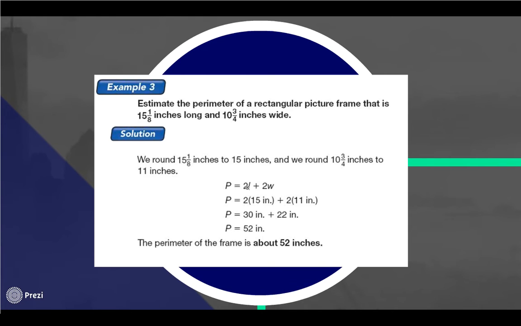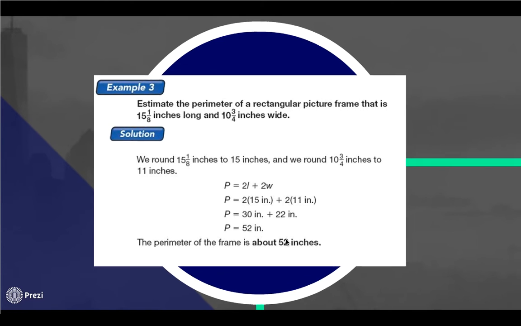Perimeter equals 2 lengths and 2 widths. So 15 1/8 rounds to 15. 15 plus 15 equals 30. Then we round 10 3/4 inches to 11. 11 plus 11 is 22. So we add 30 plus 22, that equals 52 inches. So the perimeter of the frame is about 52 inches.